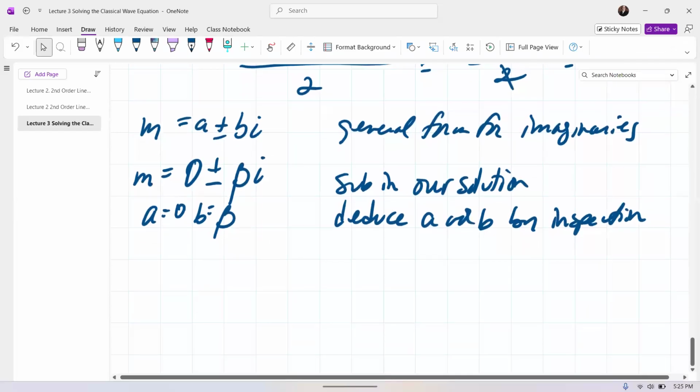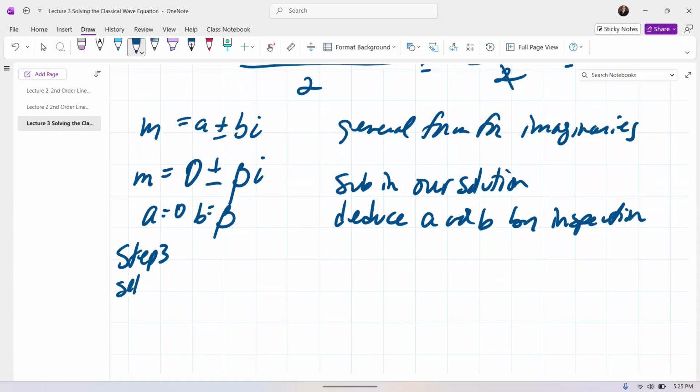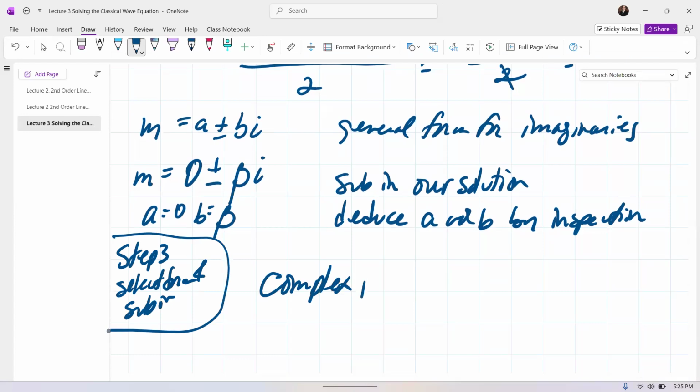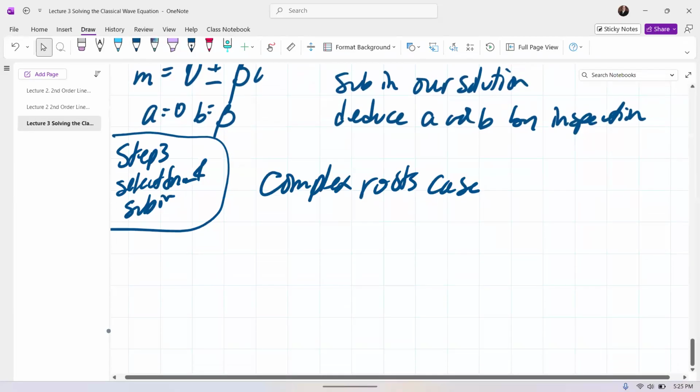All right, now we go to step 3. That's select your form and sub in. Okay, so what do we have? We have the complex roots case. And from that, we then use our worksheet to select the correct form.